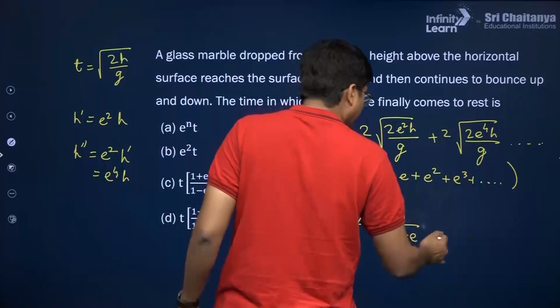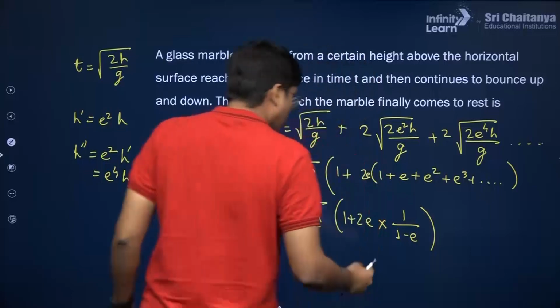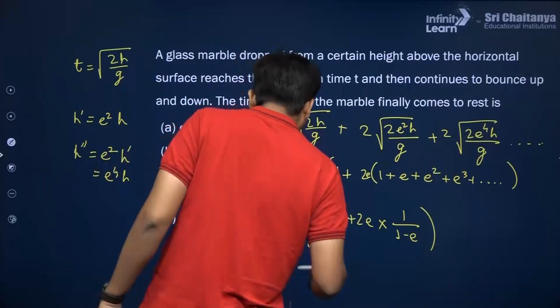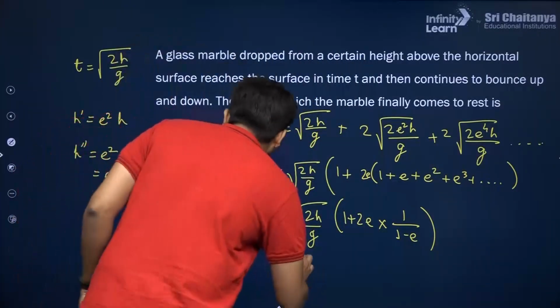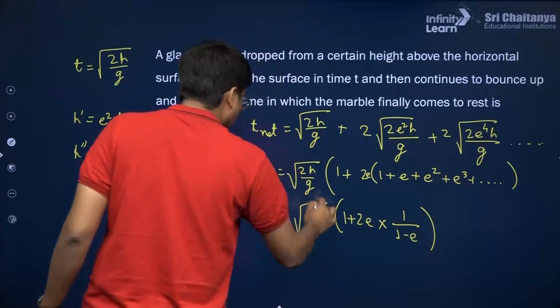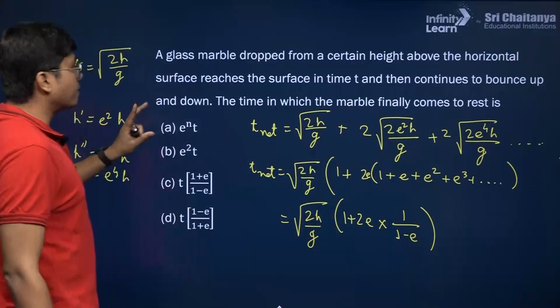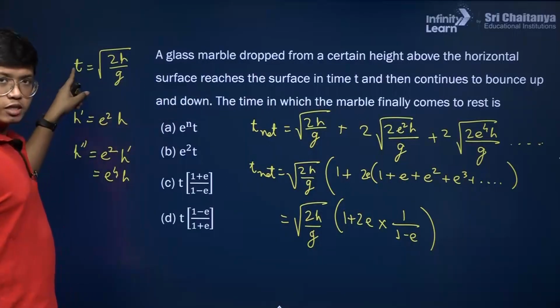So this is the sum till infinity for this part. Now over here, I think we can simplify stuff a bit. We get root over of, so this 2h by g is the original time t, because that's the time it takes, the original time t.